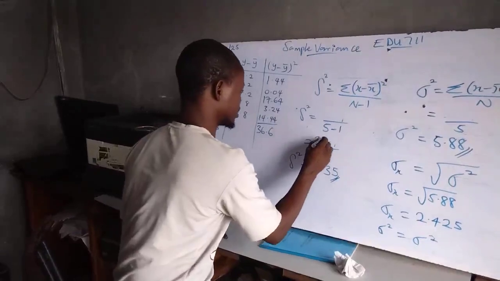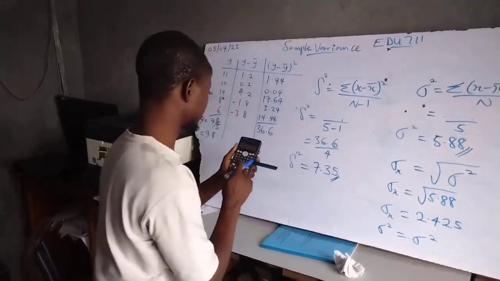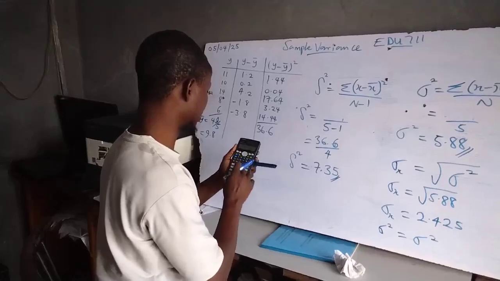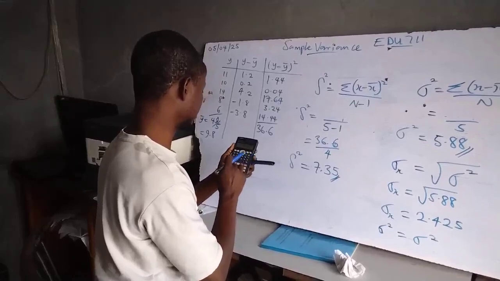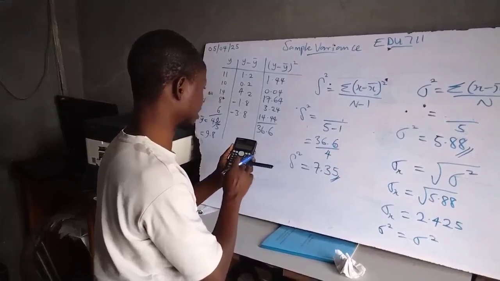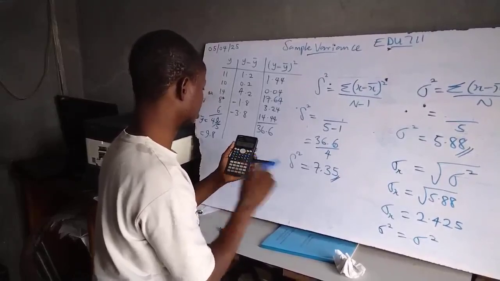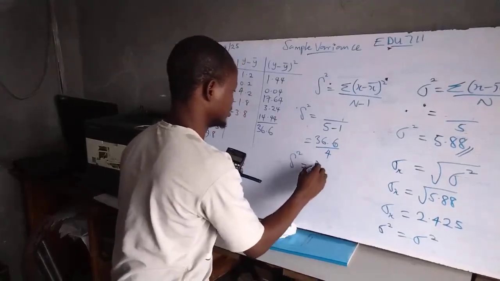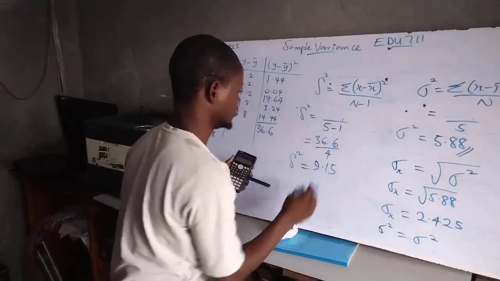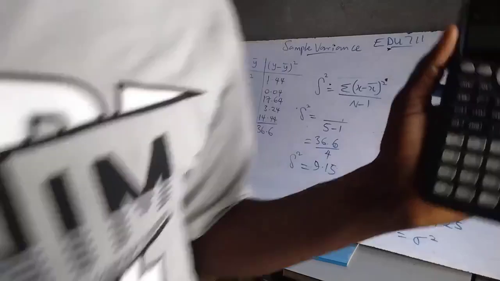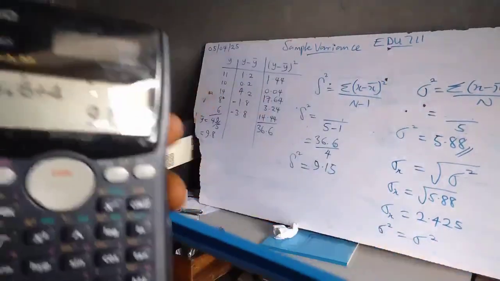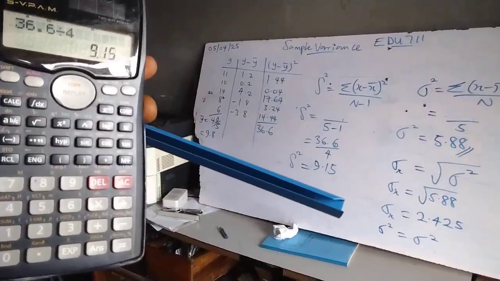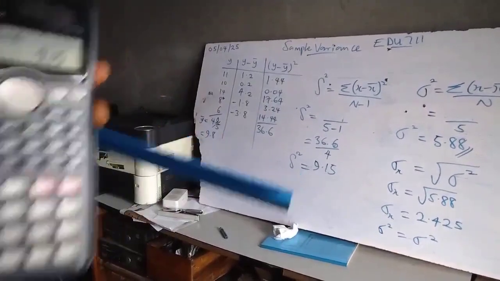So 36.6 here divided by 4 gives us 9.15. So you can see 36.6 divided by 4, 9.15.